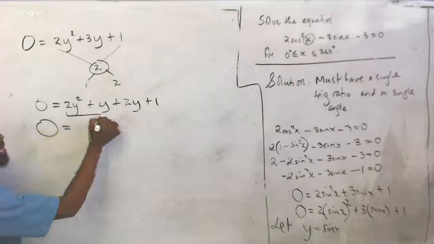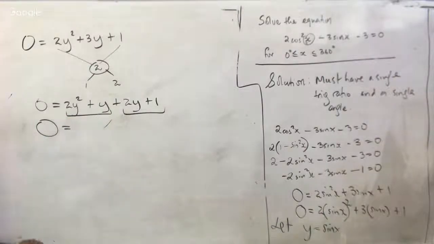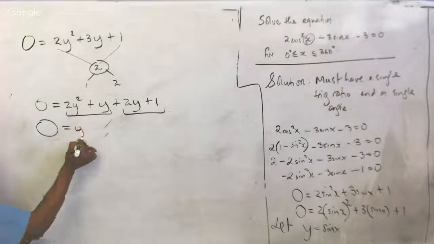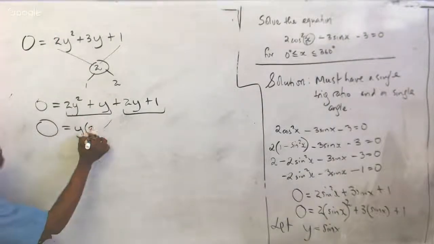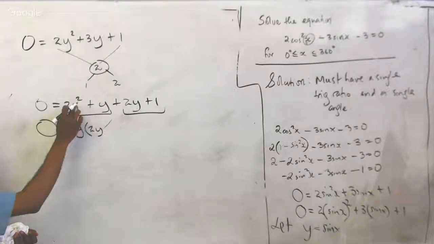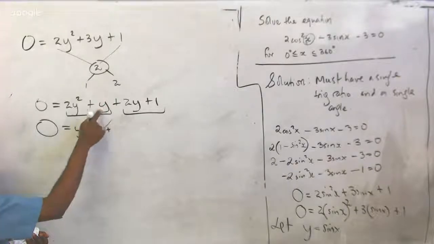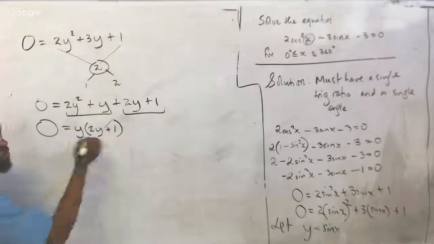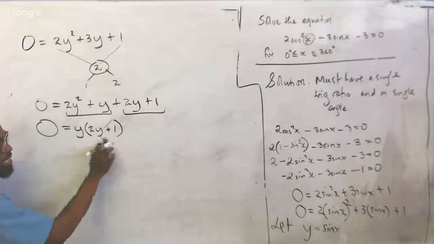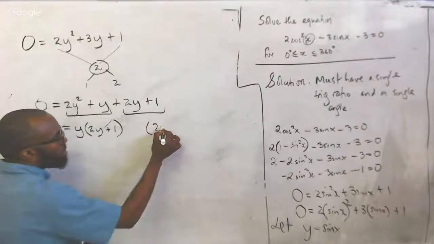Then I will keep these two technically and I will factorize something out of them. y can be taken out of this, leaving me with 2y. If I take out 1y, 1 of the y is left and 2 is left, right? Plus, if I take out a y, just a coefficient of 1 is left. Anything that is in that bracket needs to be here.